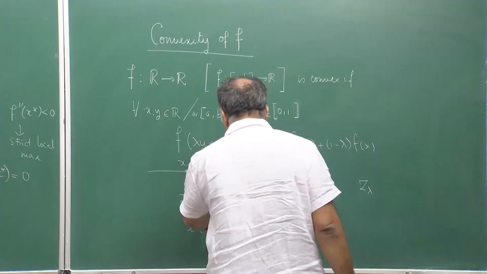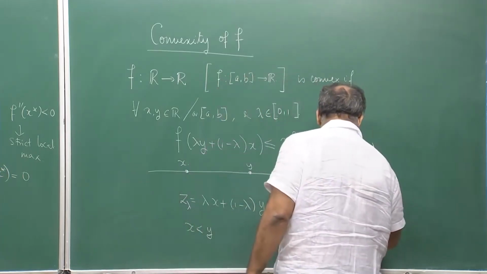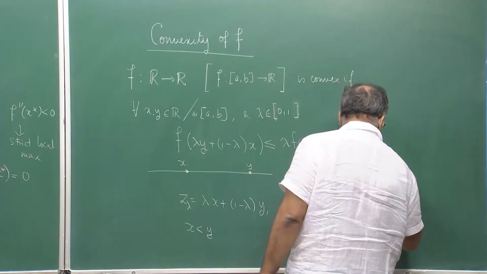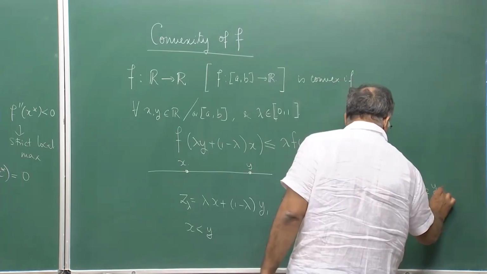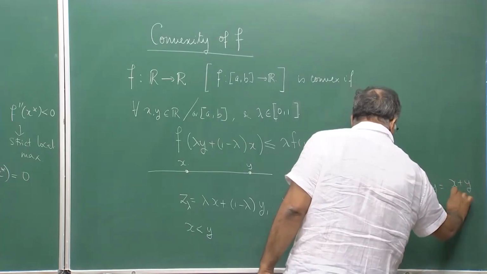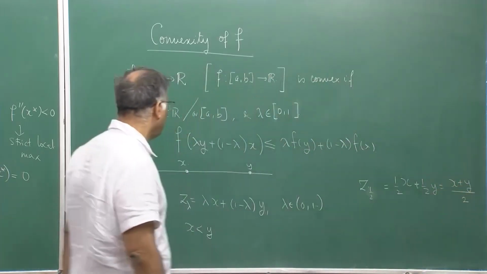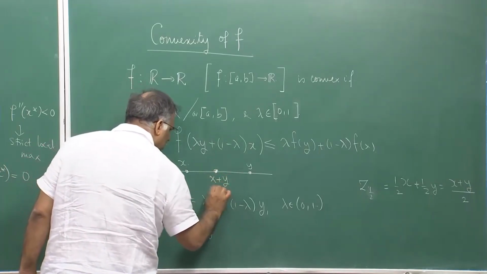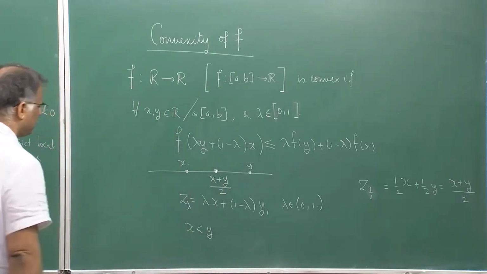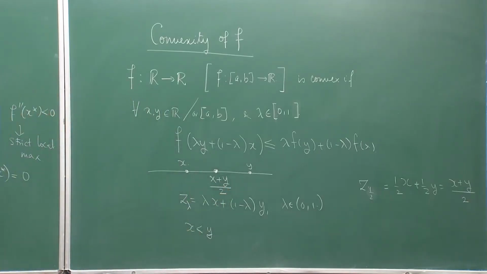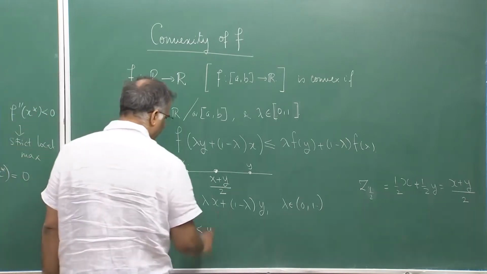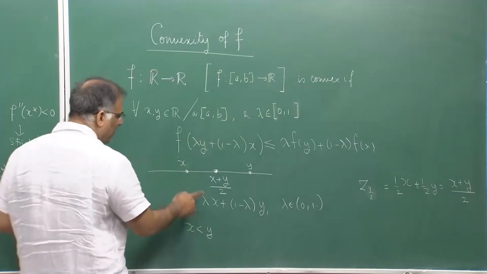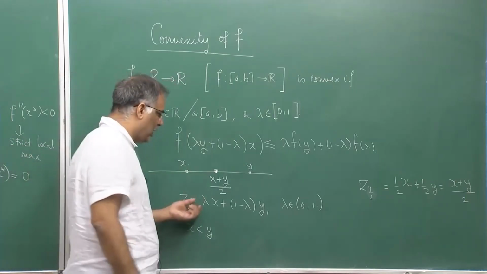Suppose I choose lambda equal to half, then what is happening? It is nothing but half of x plus half of y, which is x plus y by 2, which simply means it is the midpoint. Okay, this is the midpoint.